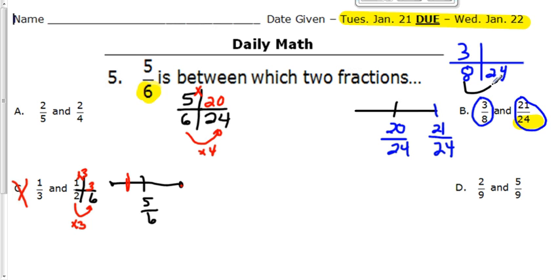So 8 times what is 24? 8 times 3. If I do it to the bottom, I have to do it to the top. So I have a scale factor of 3 on top. So 3 times 3 is 9. And that does come before. So 9/24.